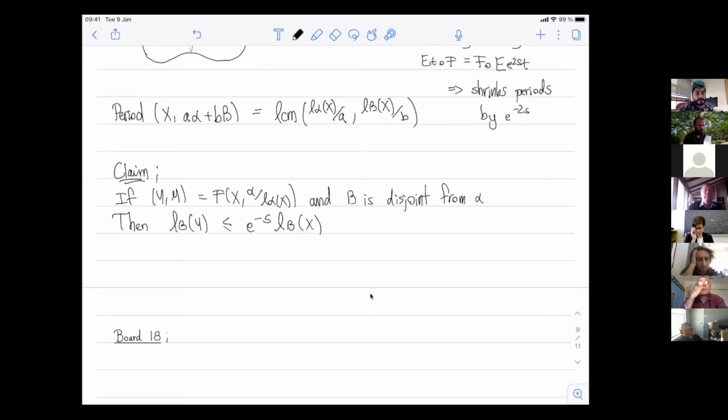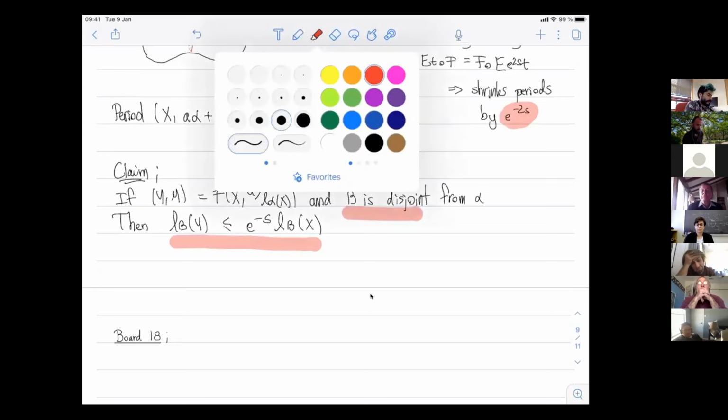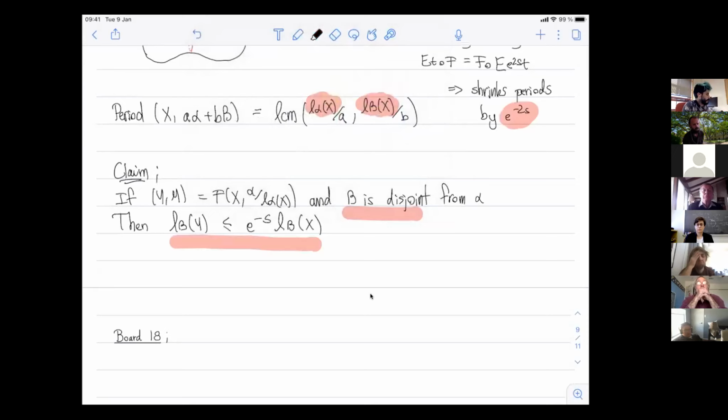This just comes from analyzing periods, and the part where the lengths become relevant is that they show up in this least common multiple. So you can, in some sense, show that if you're going to shrink your period by e to the minus 2s, the only way that can happen is that for disjoint curves, this is the bound you get on the length. Let me ask you to believe that for a second, and just in the minute that I have, tell you how to conclude, because that's the funny part.